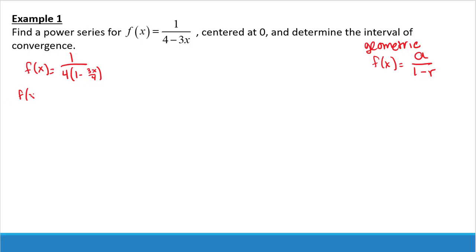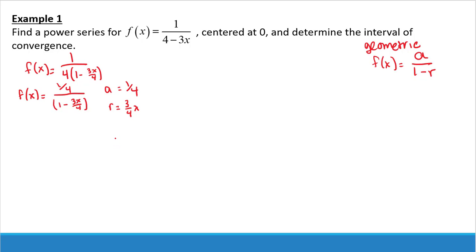Rewriting this a little bit, we have 1/4 on the top over 1 minus 3x over 4, where a, our first term, is 1/4, and our ratio is 3/4 x.